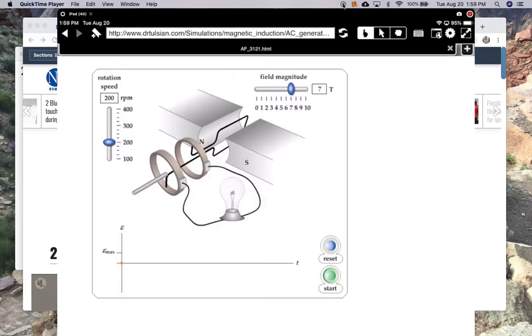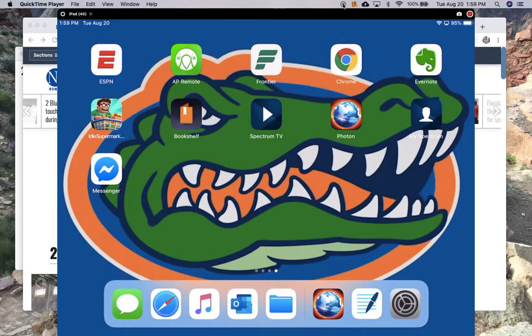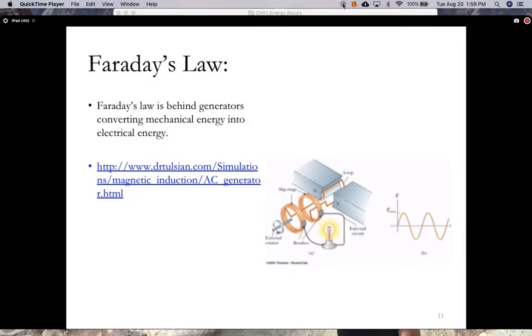Now we'll be referring to this generator often, so keep this simulation in mind. You can find this simulation on my website. Okay, so let's get back to the PowerPoint. Faraday's law is the basis for all production of electricity currently.